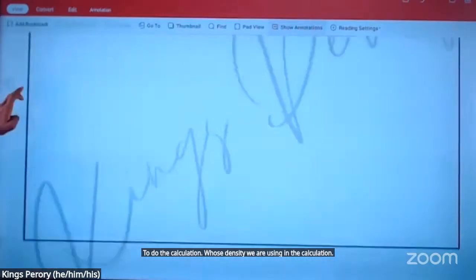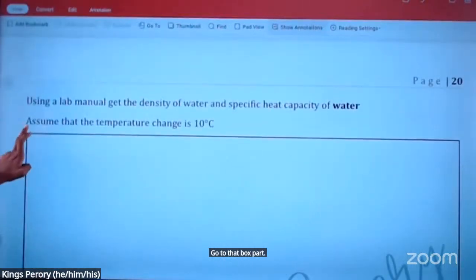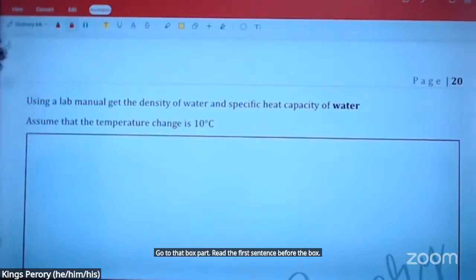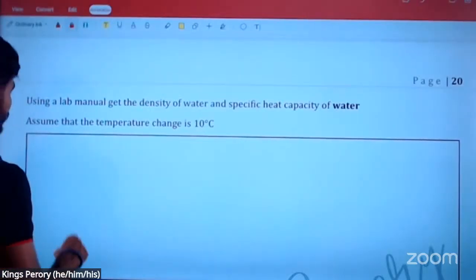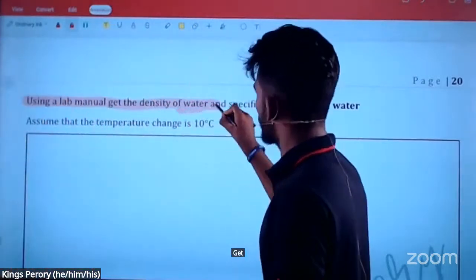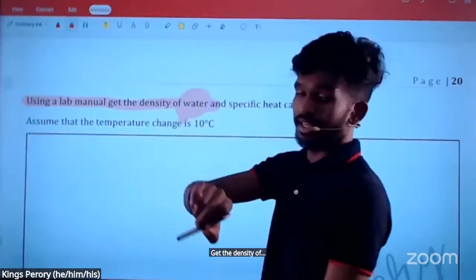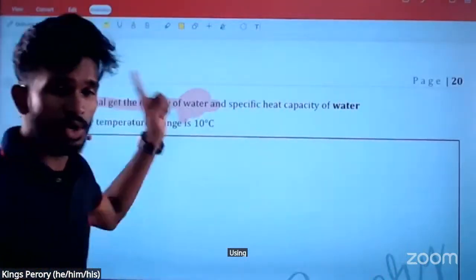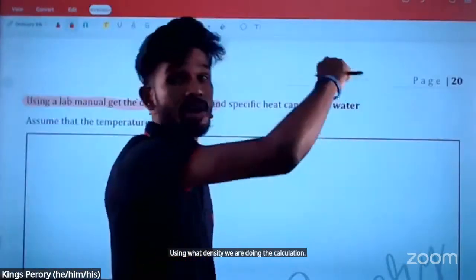Go to that box part. Read the first sentence before the box. Using a lab manual, get the density of water. So we are using water's density.